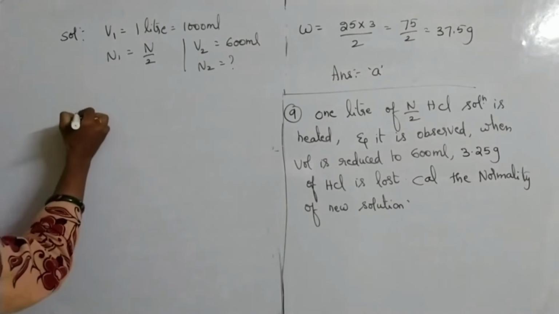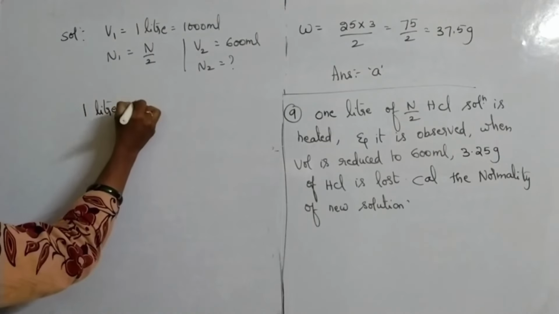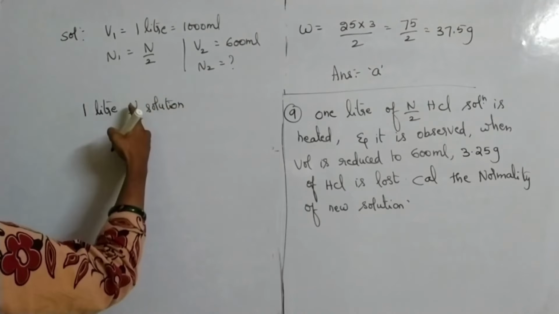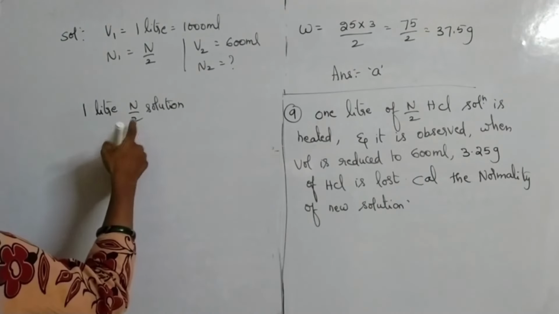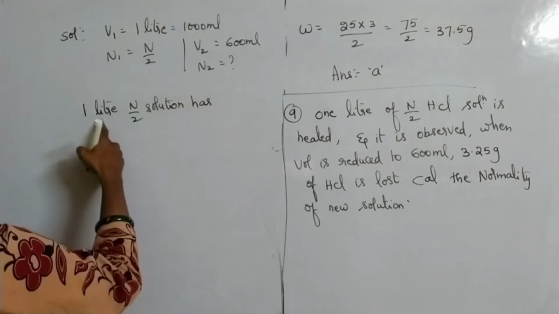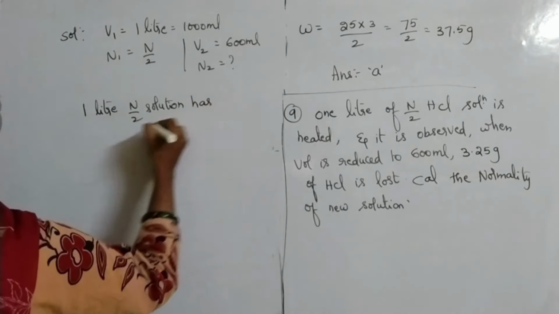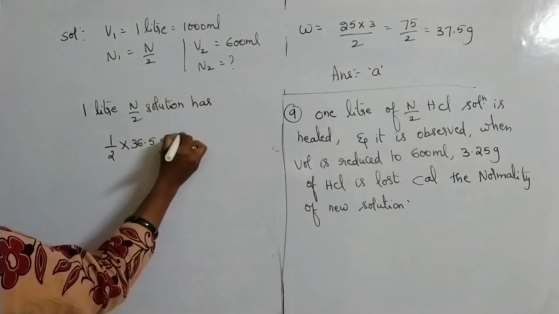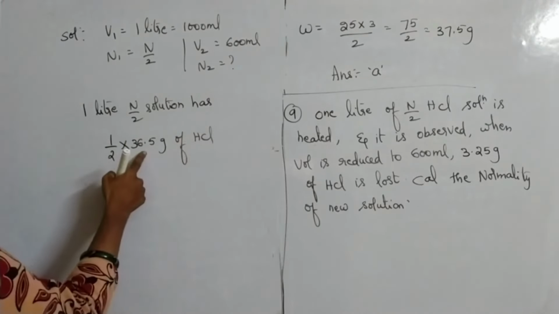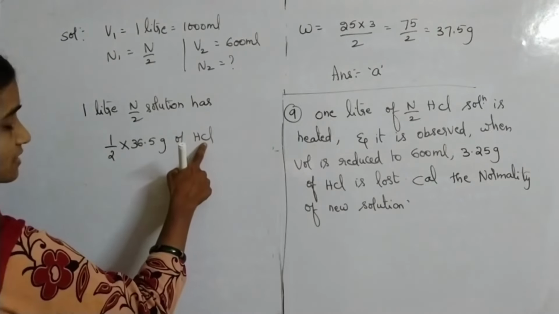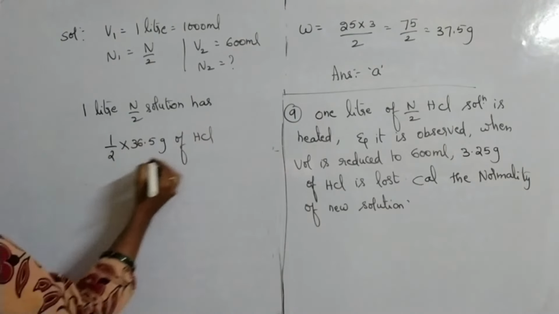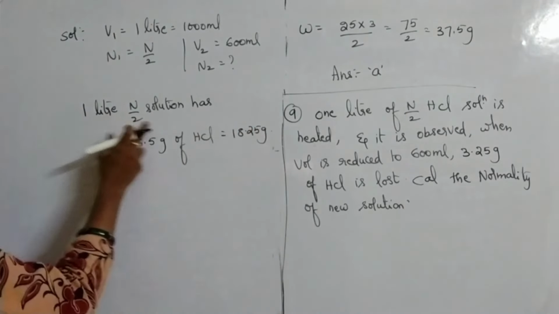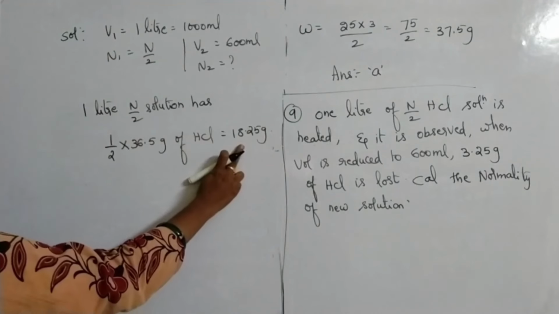Here, 1 liter of semi-normal solution has 1/2 into 36.5 grams of HCl. The molecular weight of HCl is 36.5, so 1/2 into 36.5 is 18.25 grams. 1 liter of N/2 solution has 18.25 grams of HCl.